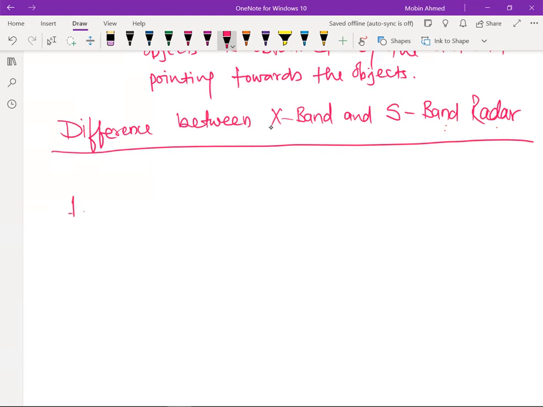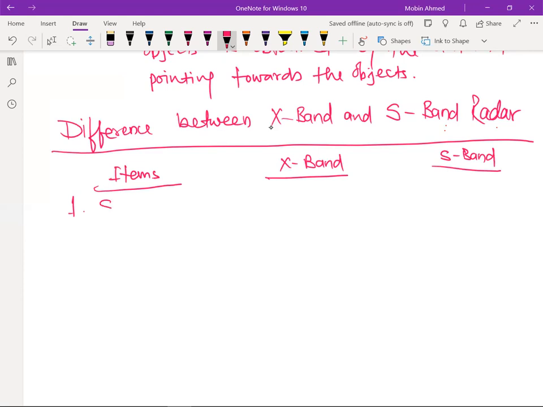So let's see item-wise. These are the items I will be writing here. This is X band and this is about the S band. Okay, so this is the item number.